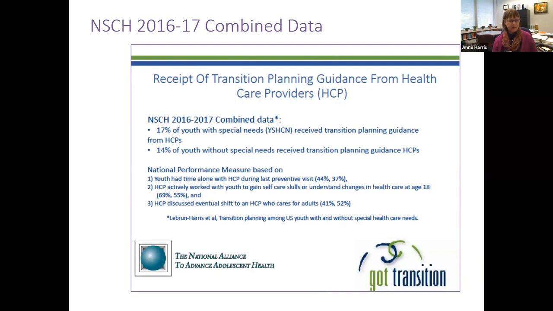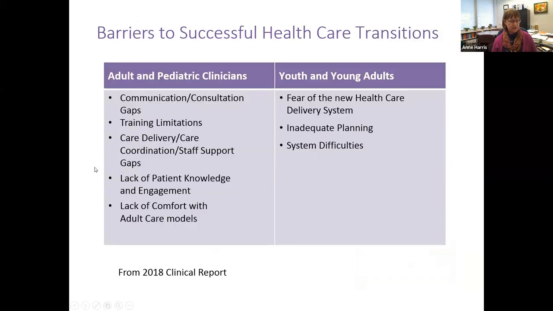In terms of barriers to successful healthcare transitions, we know these from some of our practices, but they were also affirmed in this report. They list both barriers for adult and pediatric clinicians, which are on the left, and for youth and young adults on the right. Some of them are very similar. The communication and care coordination are similar. Under systems difficulties, that's where that comes in for youth and young adults, and it comes in the first and third bullets for adult and pediatric clinicians.